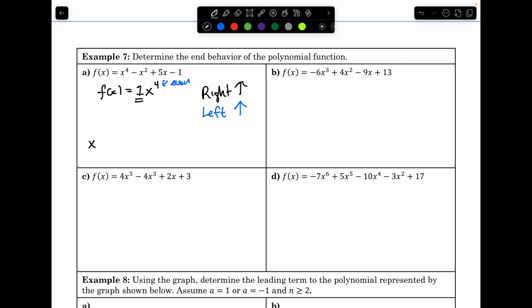Which means as x is approaching positive infinity, your y values are going upwards, and as x approaches negative infinity on the left, your y values are also going upwards.